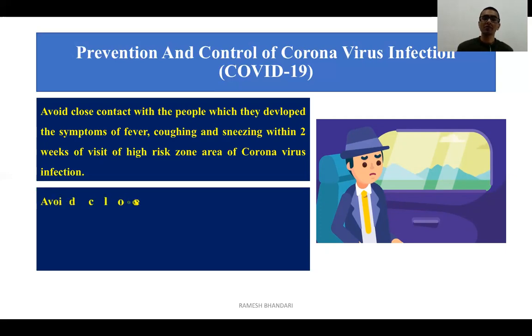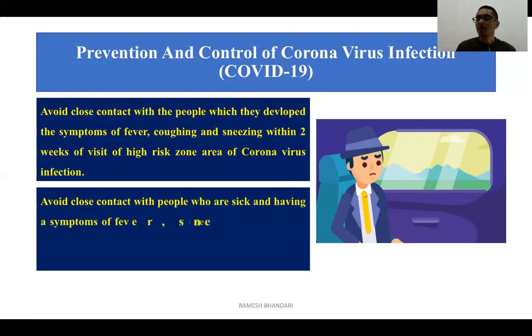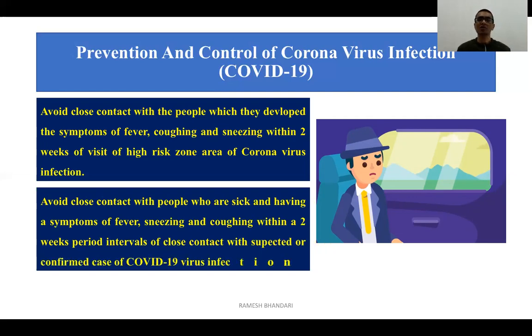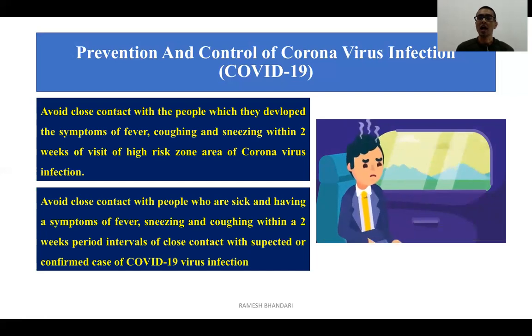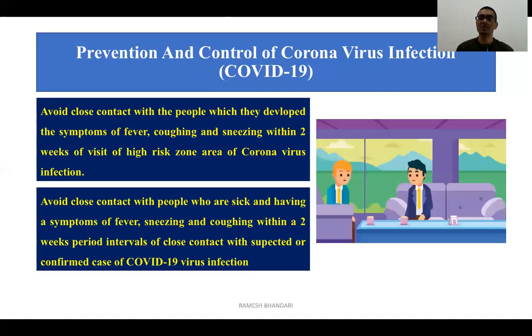Similarly, we should avoid close contact with persons who are sick and have symptoms of fever, sneezing, and coughing within 2 weeks of contact with a suspected case of COVID-19 virus infection. As shown in the figure, people should not travel to, and should avoid contact with those persons who have traveled to, the high risk zone area of COVID-19 virus infections.